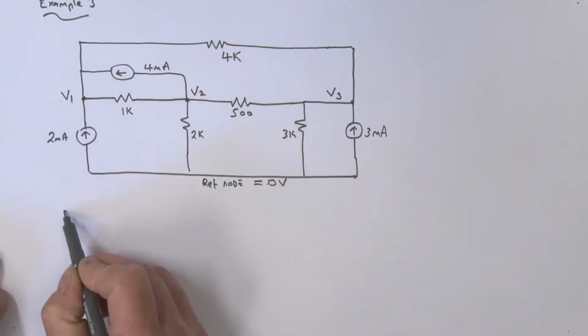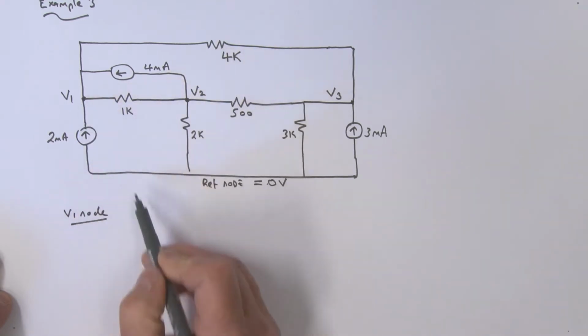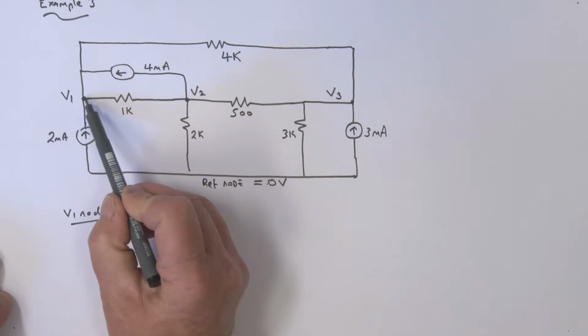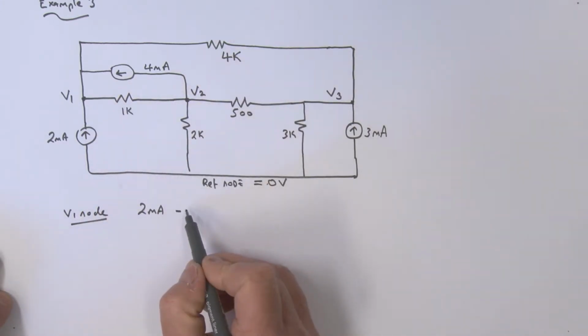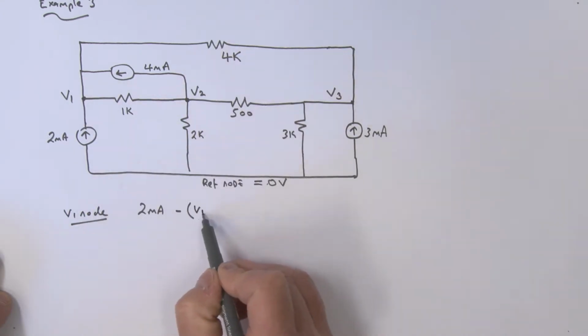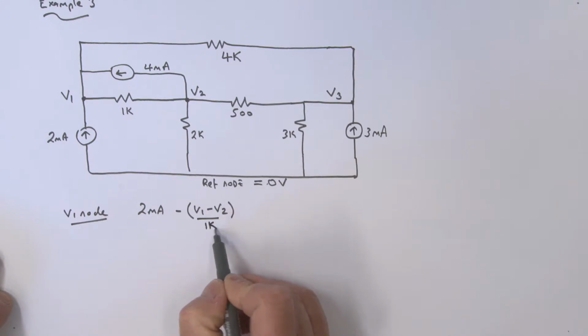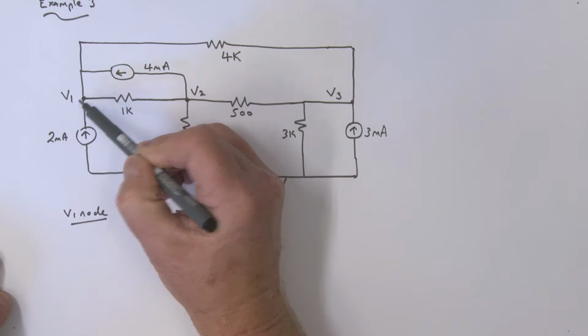All right, let's look at the V1 node. What do we have? Well, coming in, we have 2 milliamps. We'll define a current in this direction as being, well, of course, it's going in this direction, so it's a minus, and it's V1 minus V2, and it's divided by what? 1K. We've got a current coming into that node, which is this, what, 4 milliamps.